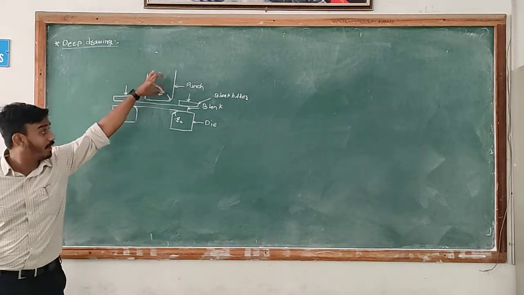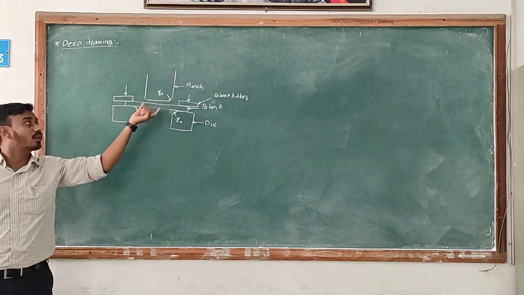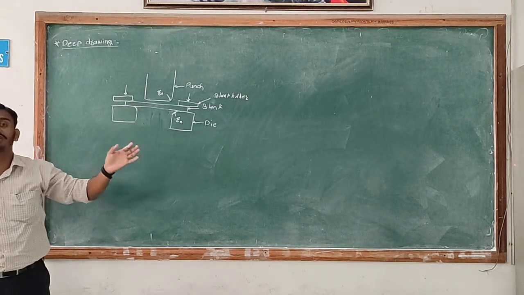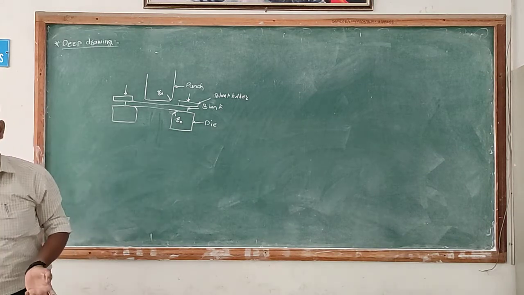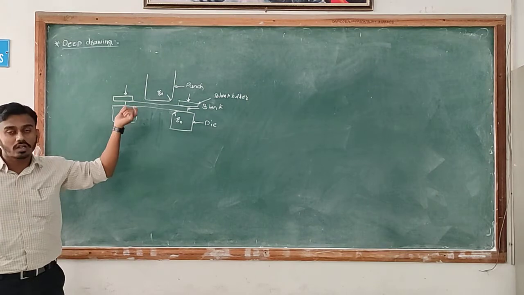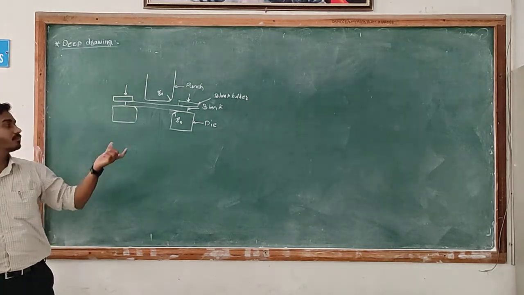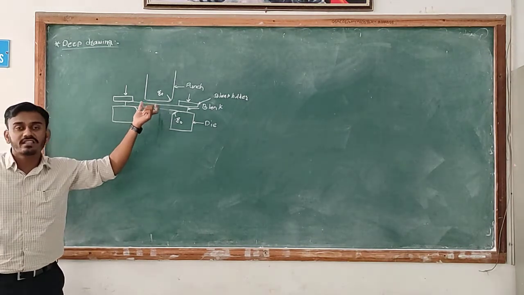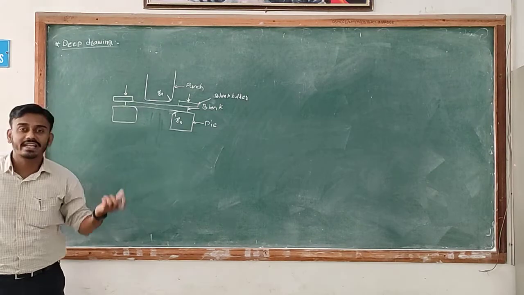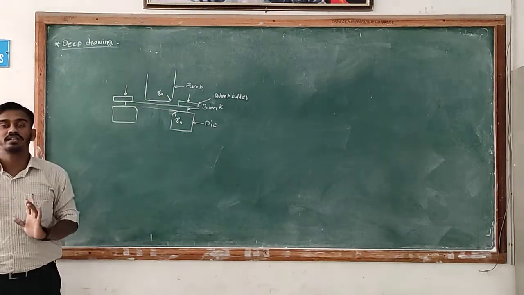If we do not provide this radius, then this material will be cut here. This operation would then not be a drawing operation, it would be a punching operation, because due to the sharp edges the material will not bend, it will get cut, and we will obtain a circular part. So to avoid the cutting action, these radii are provided on the punch and die.